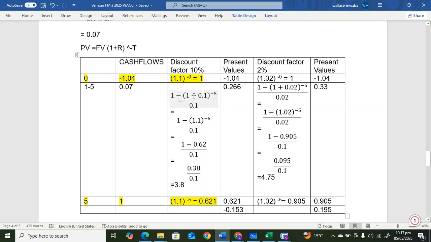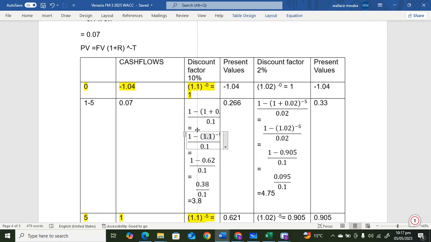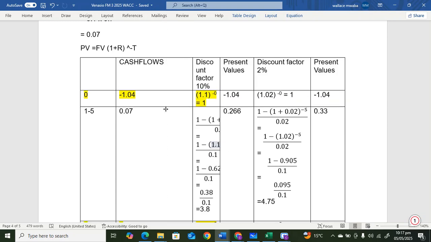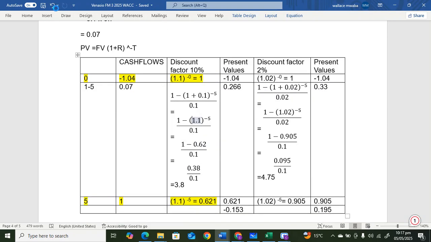Here our r is 10%, so it's 0.1. When you do your tabulations, you're supposed to get 3.8 here. For year 5, 1.1 to the power negative 5 is 0.621.